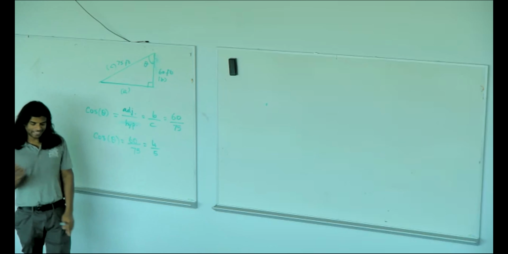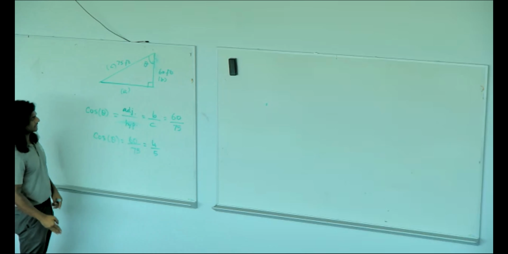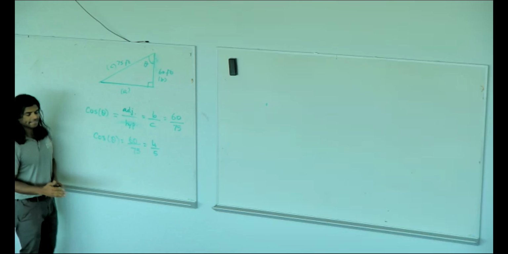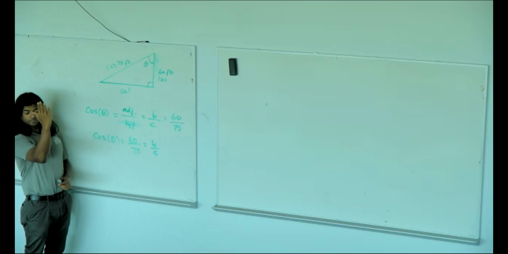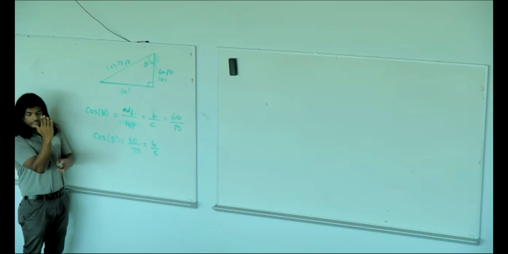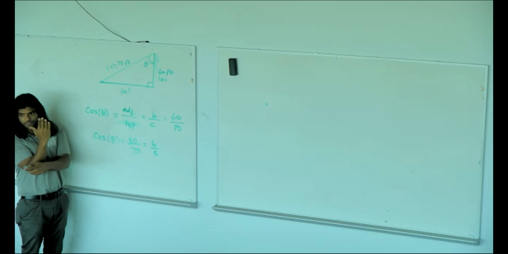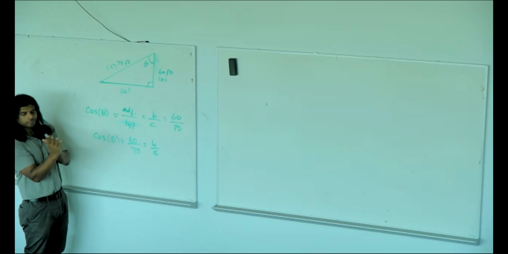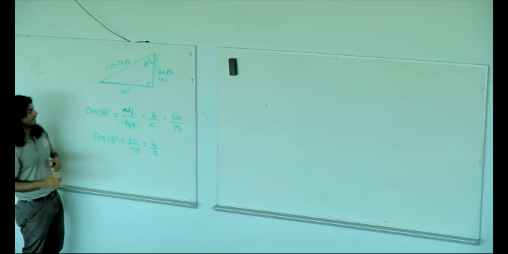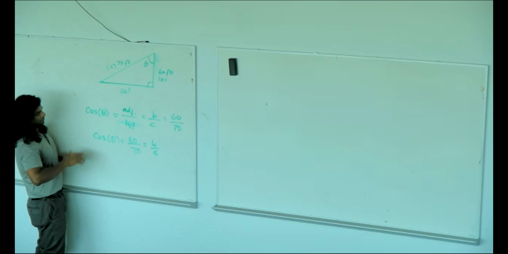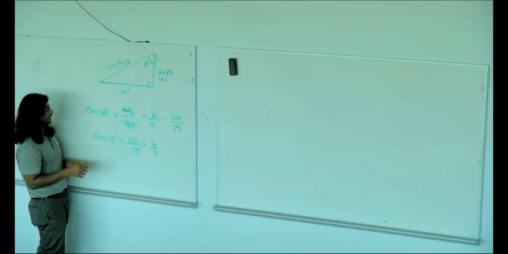Since 45 degrees would be 1 over the square root of 2, which is 0.707, it's somewhere close to 45, maybe 30. You can guess. But how do we solve for theta?